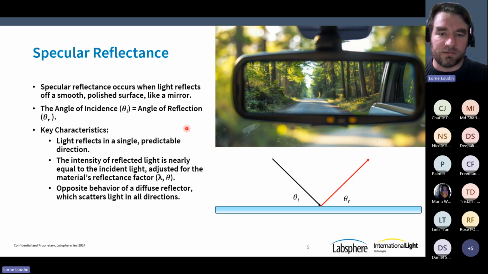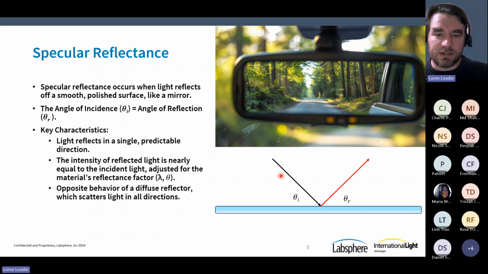With specular reflectance, the angle of incidence is equal to the angle of reflectance. Light is typically reflecting in a predictable direction, and if it was a perfect surface that didn't absorb any light, the reflected beam would be equal to the incident beam, but that's not the case in real life.